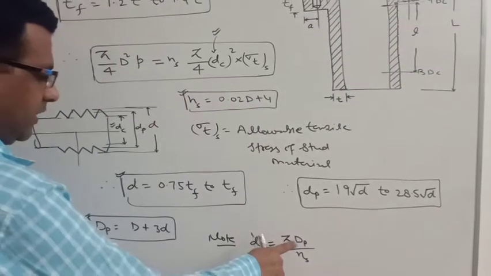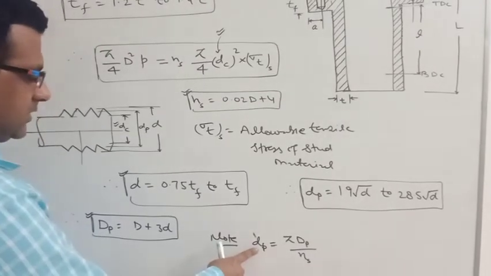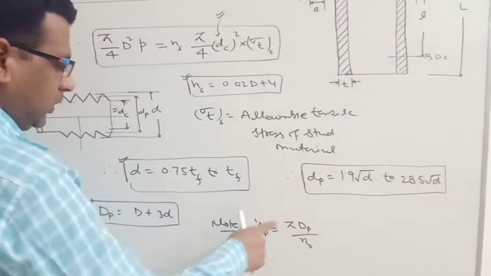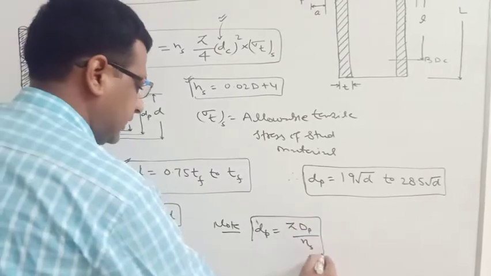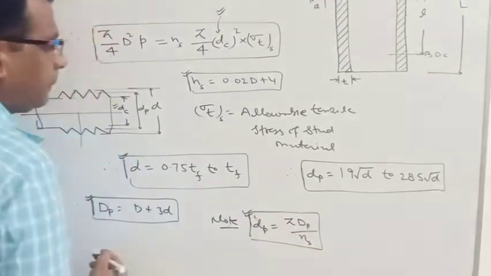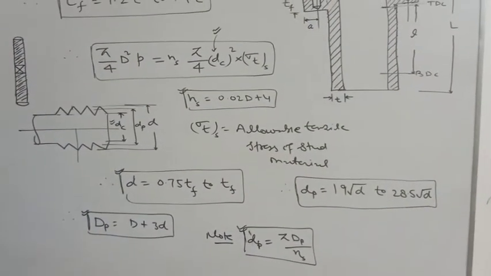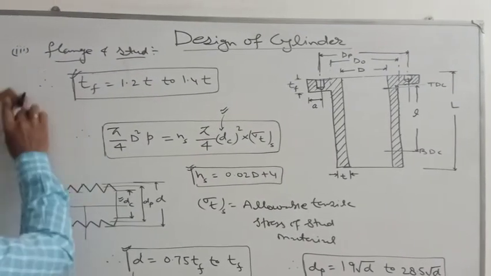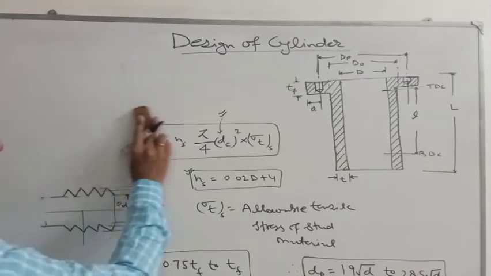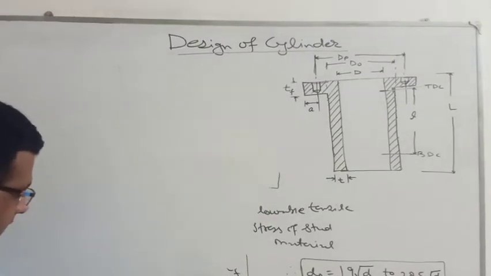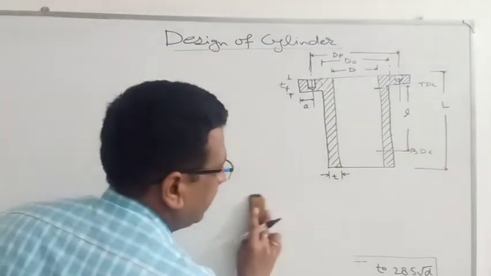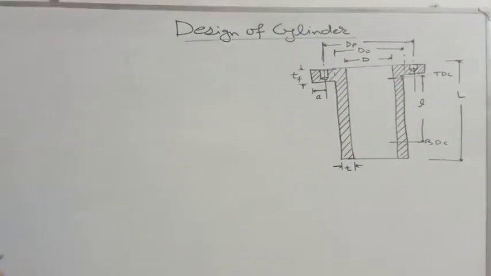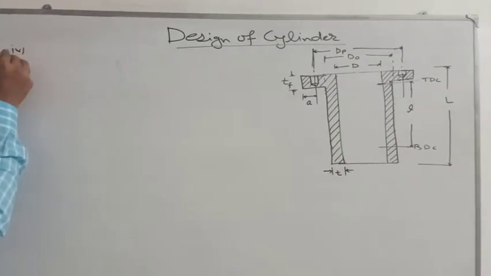By putting in the values, we can calculate this dp, and this dp should be within our limits. We can check by the help of this. This is complete about the flange and stud, and the last design is the cylinder head design.